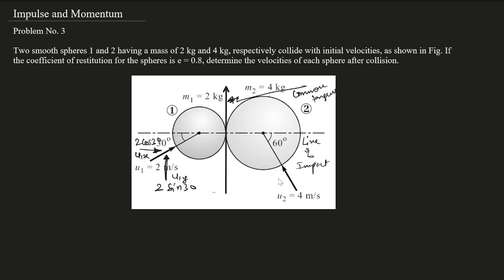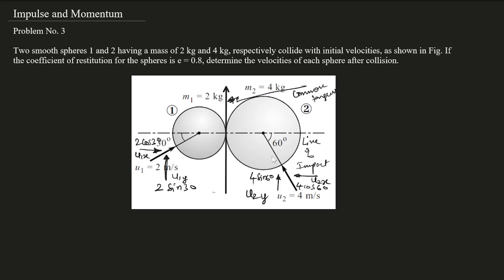Similarly here also we have to resolve these two velocities. This is u2y, since it is a vertical one, 4 sine 60, and this is u2x, the horizontal component, 4 cos 60. So we have resolved the initial velocities.